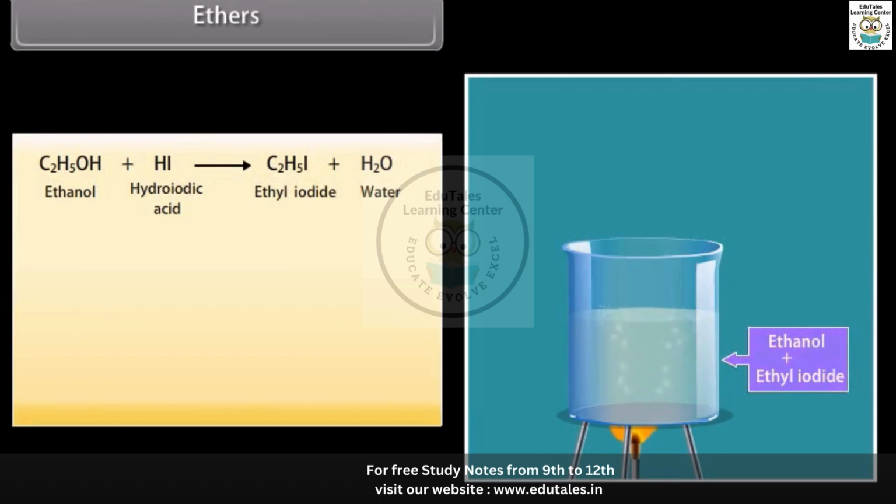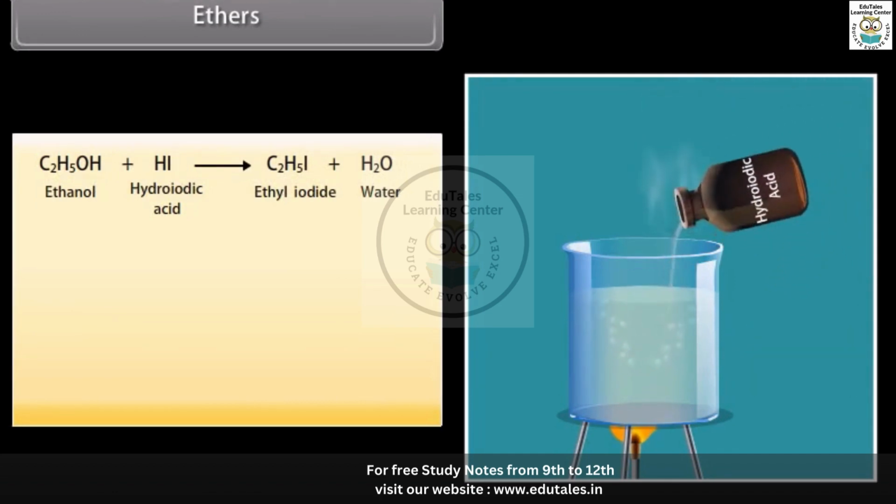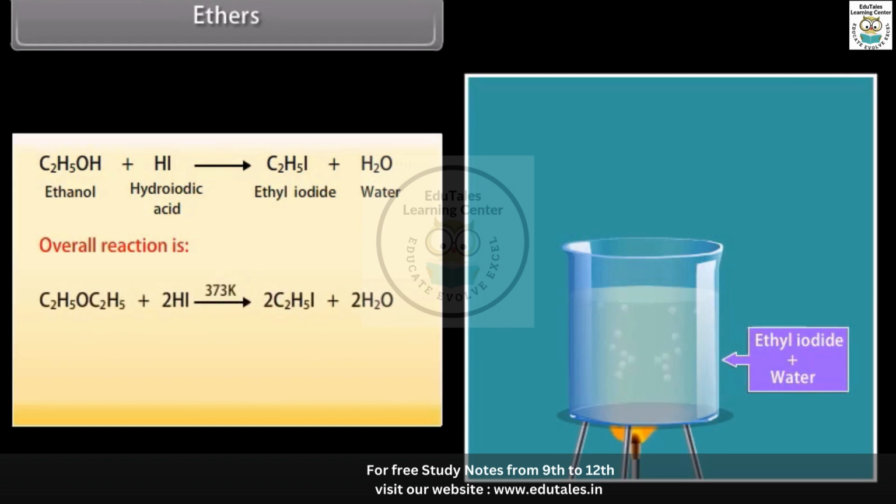With excess hydroiodic acid, the alcohol formed further reacts to form ethyl iodide. The overall reaction is: hydroiodic acid reacts with diethyl ether at 373 Kelvin and forms ethyl iodide and water.